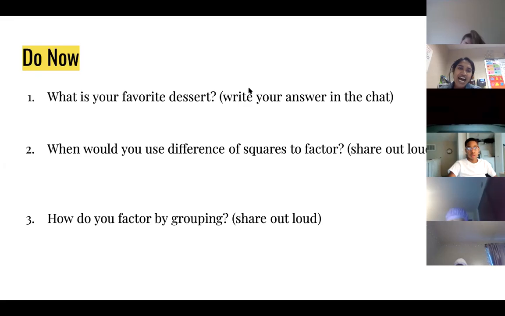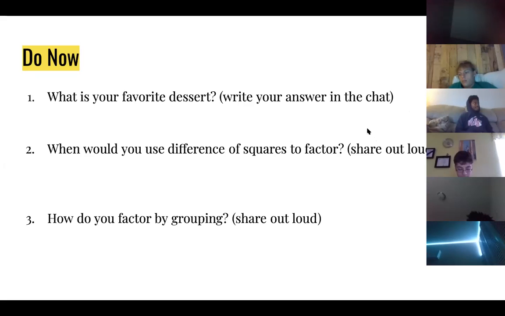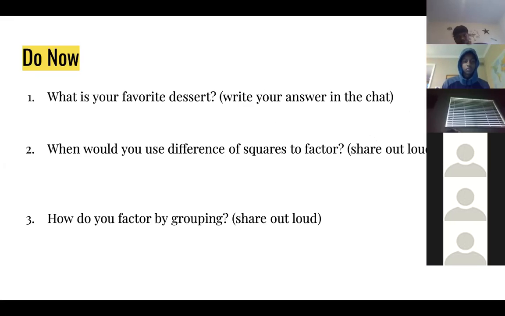Got a lot of cheesecake fans in this class. Ooh, peach cobbler sounds delicious.